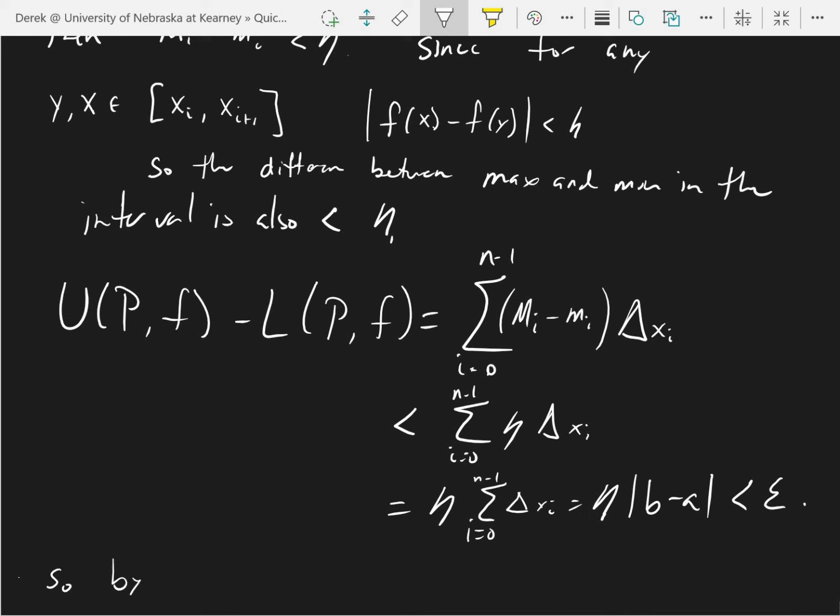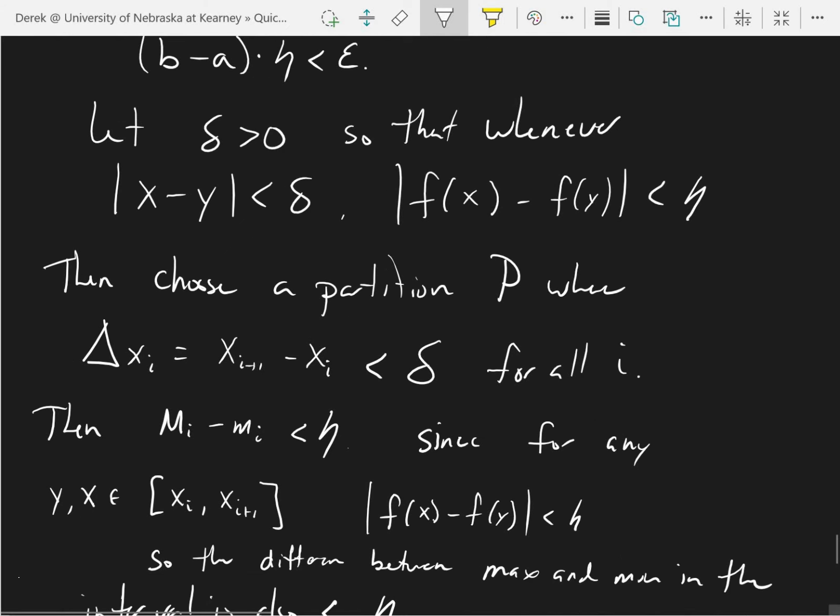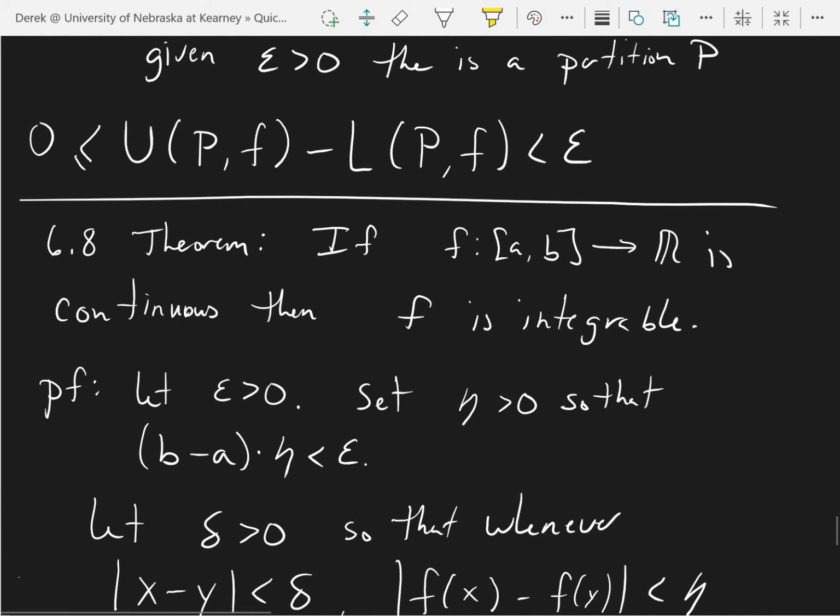So by 6.6, the integral exists. So if it's a continuous function, it's integrable. That's a good key theorem to have.